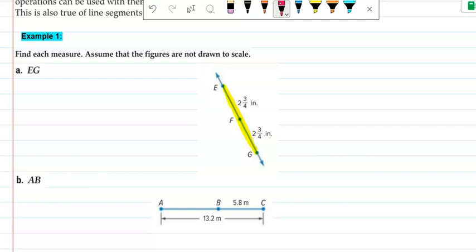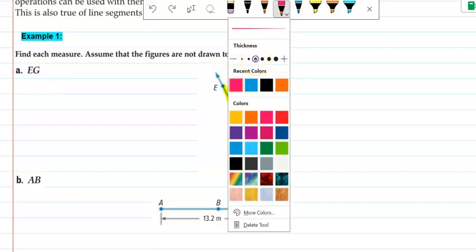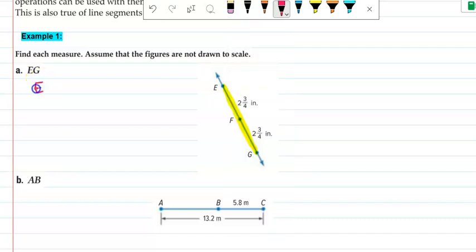So if we want, we could write that equation that we saw up above, right? If we add up all the pieces, we get the whole. So we know that EG, if we want to find EG, right, we could add up all the pieces.